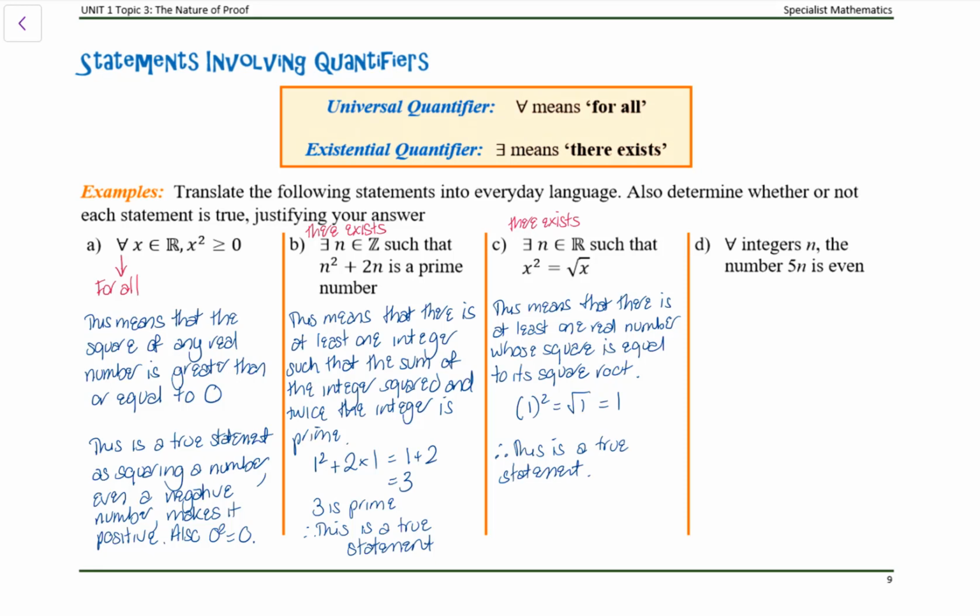Last one is a for all. For all integers n, the number 5 times n is even. So this means that the product of any integer and 5 results in an even number.